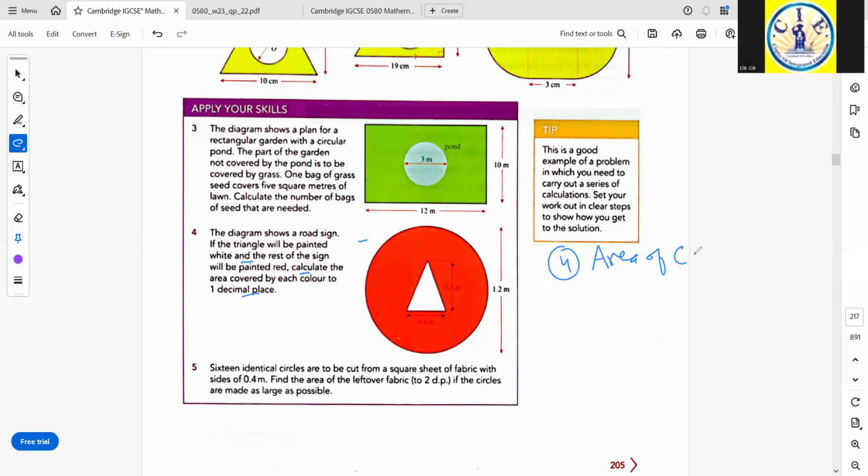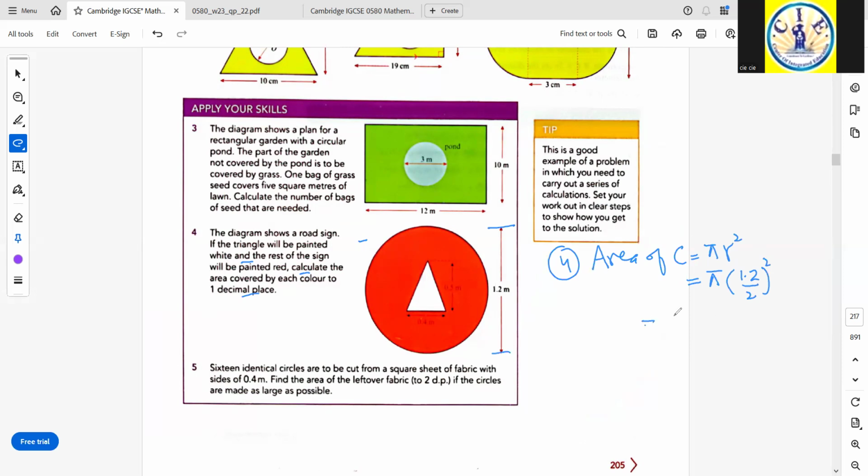area of circle, that is equal to pi r squared and pi times 1.2 divided by 2 squared, because this is the diameter of the circle that we are given with.